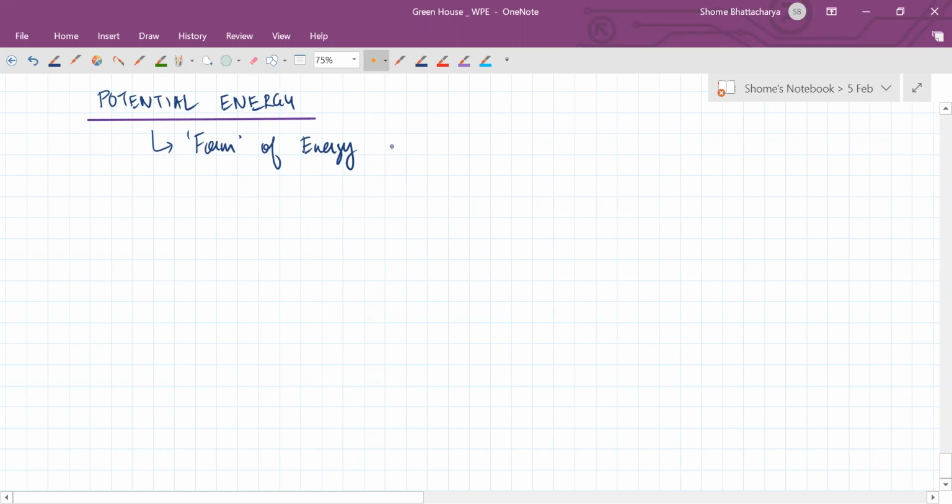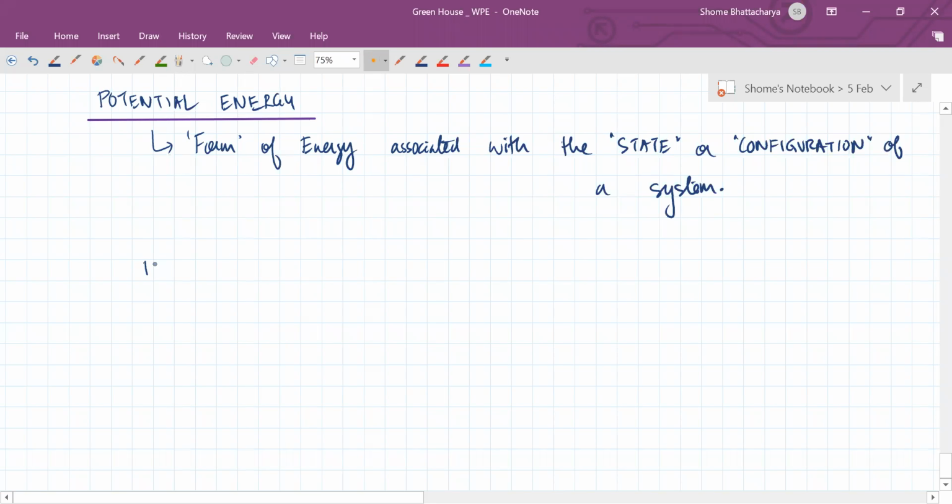So it's a form of energy associated with the state or configuration of a system. So let's understand this with an example.